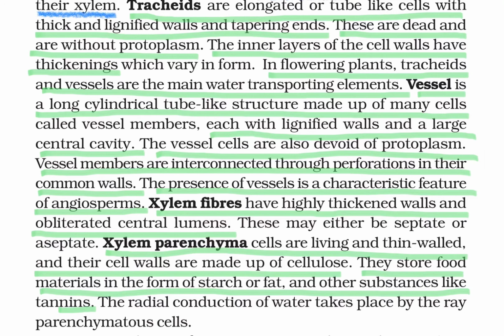Xylem parenchyma, which is the last type of component, is living and thin walled, and their cell walls are made up of cellulose. Their function is to store food material in the form of starch or fat, and other substances like tannins are also present. The radial conduction of water takes place by the ray parenchymatous cells.